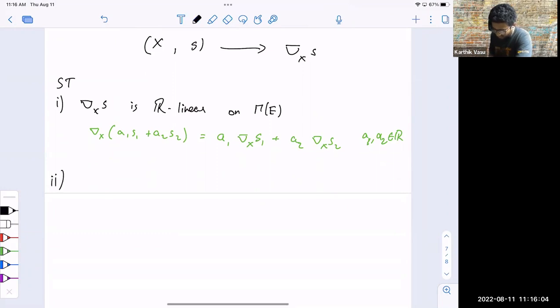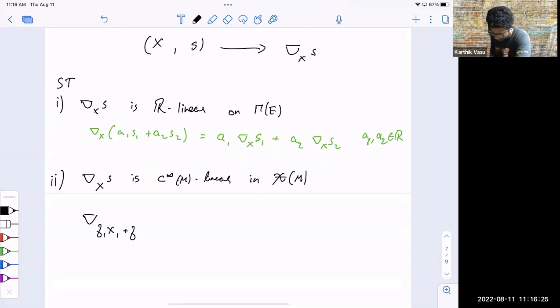I also want it to be linear in the other term. So it is C infinity(M)-linear in the vector fields. So if I have f1 X1 plus f2 X2, where f1 and f2 are C infinity functions, it makes sense to talk about this.